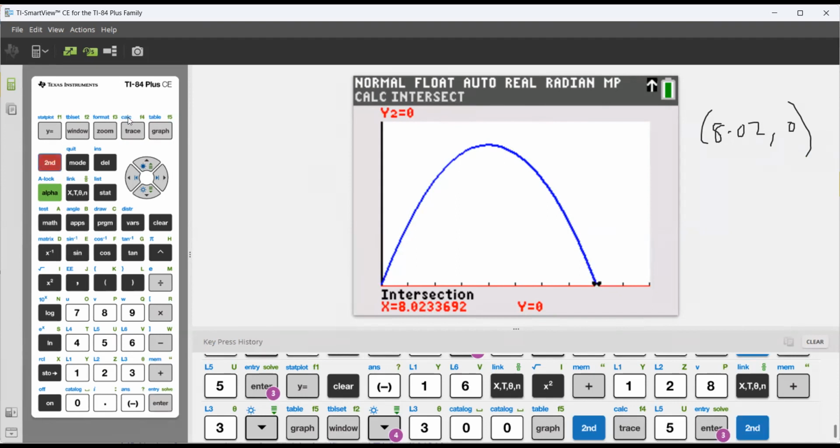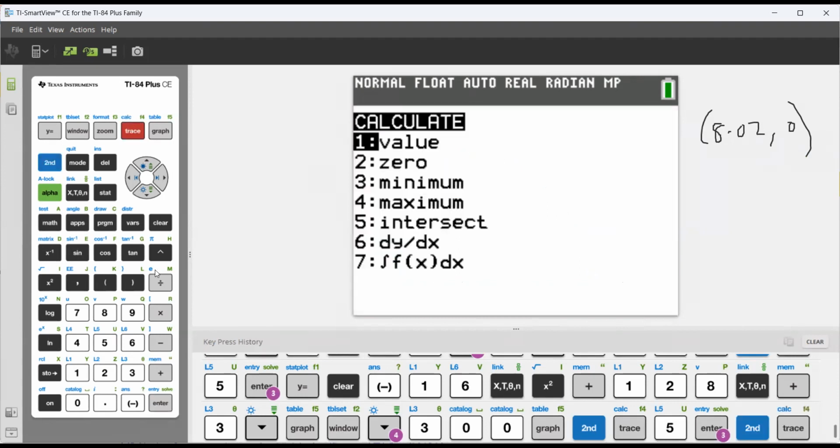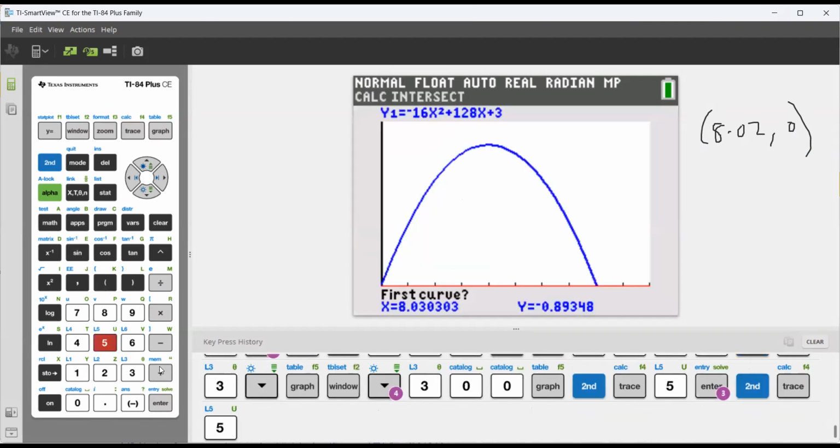Now for the next one, again, we're going to do second. We want to see if it's going to be positive. If it's not positive, we don't need it, right? Because you don't have negative seconds, negative 2 seconds or negative something seconds, no. So 5, and then I'm going to move the cursor to that side.